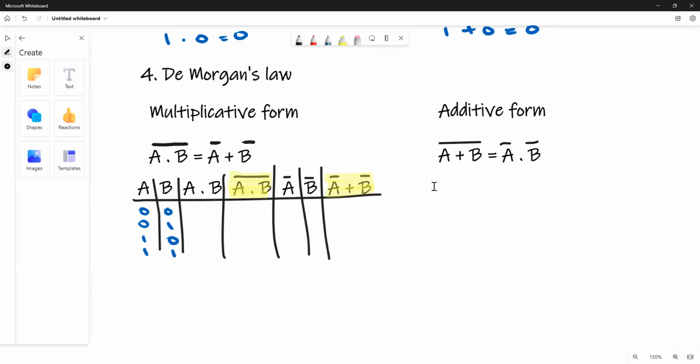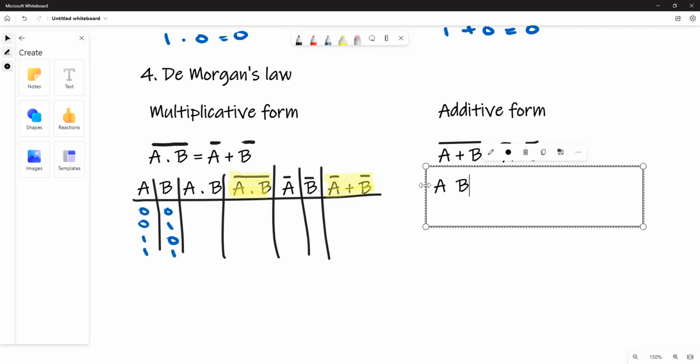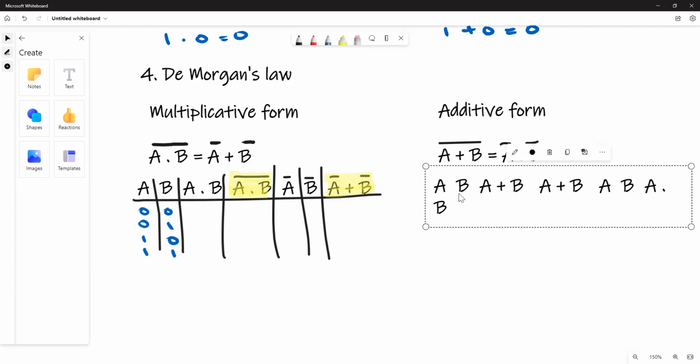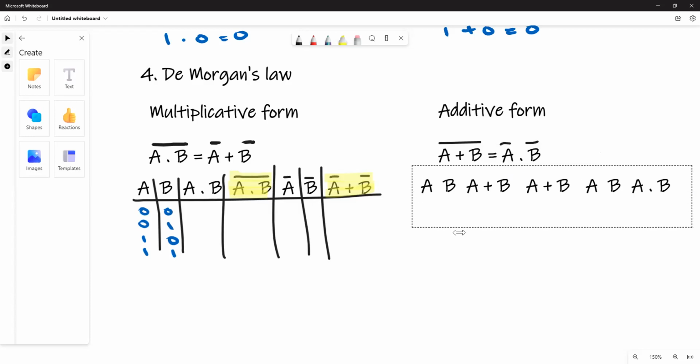Start with, we can have A, then B, we can have A plus B, and then we have A plus B bar, right? Then we can have A bar, B bar, A bar dot B bar. Those are the things that we need.